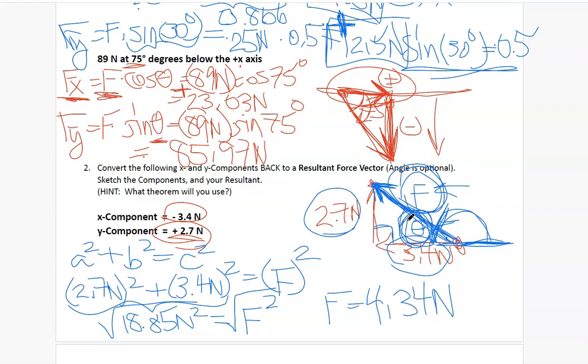Now, you are certainly not responsible for how to do this, but the way to do this is recognize that the tangent of that angle is equal to the ratio of the opposite side, 2.7 newtons, over the adjacent side, 3.4 newtons. And to get the angle, you have to use a function called the inverse tangent.